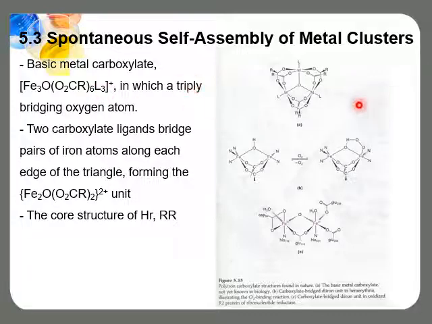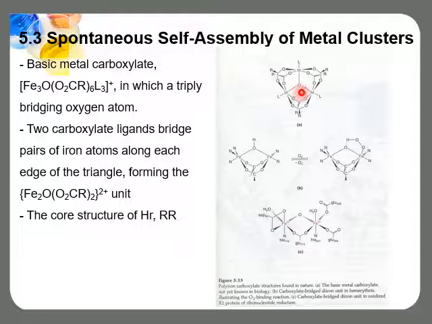Here you can see, this is the basic metal carboxylate, but this is found in chemistry, but not in biology. Look, the metals can be Fe3+. The three Fe3+ are bridged by one oxygen.